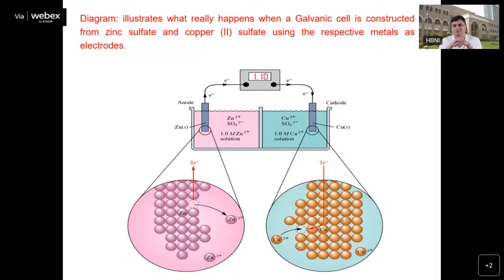The zinc is going from the metal into the solution from the electrode, whereas on the other side, where the cathode is, the copper ions are going back onto the copper electrode. So on one side there is zinc sulfate solution and on the other there is copper sulfate solution, where we are maintaining the circuit.